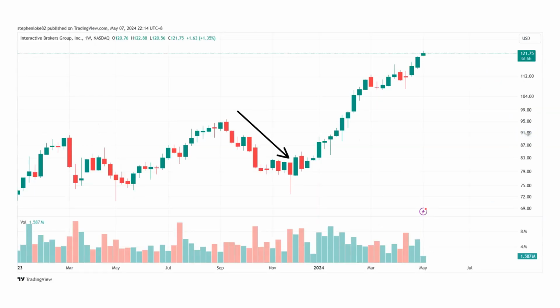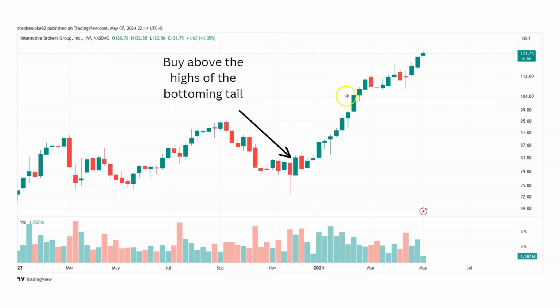Now let's take a look at what happened in the weekly chart of the stock that we saw, Interactive Brokers. Here we have a nice bottoming tail. It's red in color. That means it opened higher, traded down, but closed here with a large tail that signals bullishness, and you can see how far the stock rose.